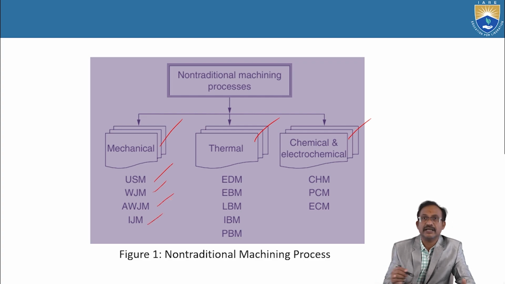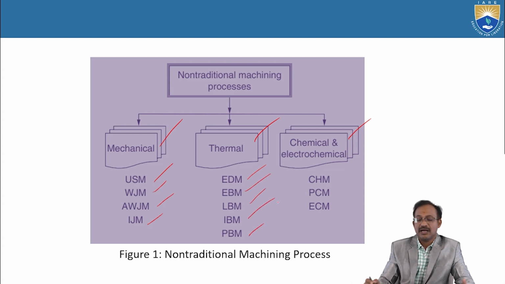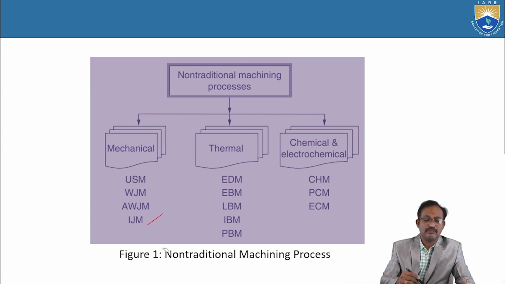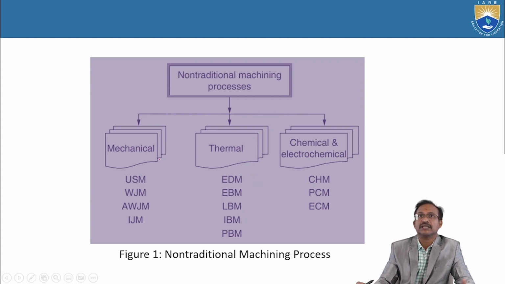Under thermal: electro discharge machining, electron beam machining, laser beam machining, ion beam machining, plasma beam machining. Under chemical and electrochemical: chemical milling, photochemical milling, electrochemical milling. This is the broad structure of the non-traditional machining processes.